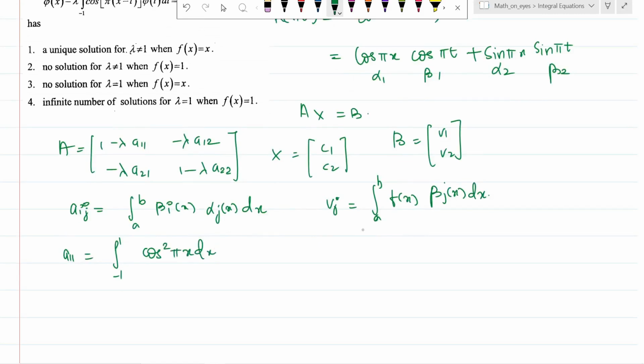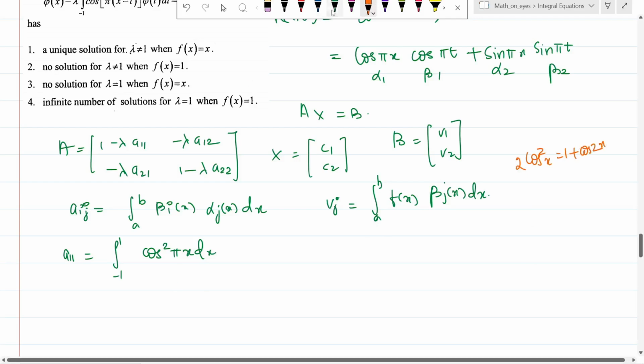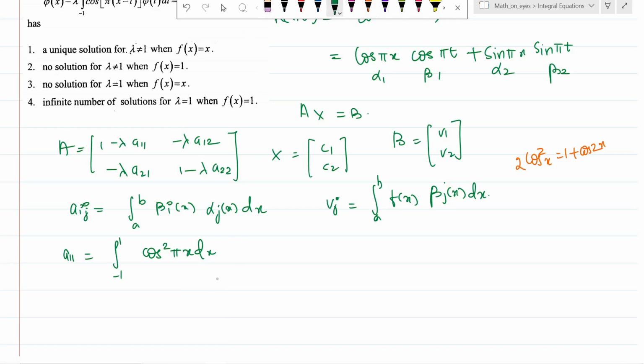As we know that 2 cos squared x is equal to 1 plus cos 2x, this formula we will take. This equals integral minus 1 to 1 of 1 plus cos 2 pi x divided by 2 into dx, and this is equal to 1 by 2.